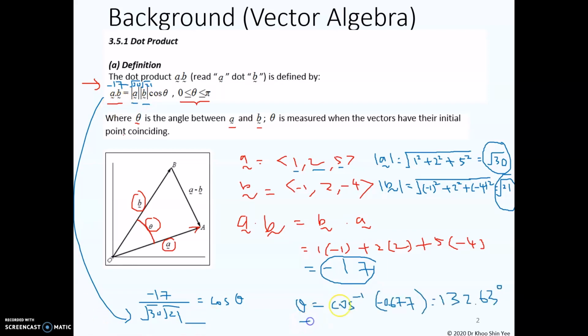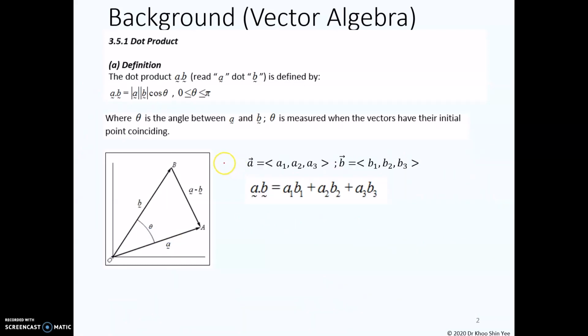Then you can find the angle to be the arc cos of negative 0.677, which gives you 132.63 degrees. So this angle is the angle between vector A and vector B. So in general, if you have two vectors A and B, you can perform the A dot B operation and then use this equation to obtain the angle between them.